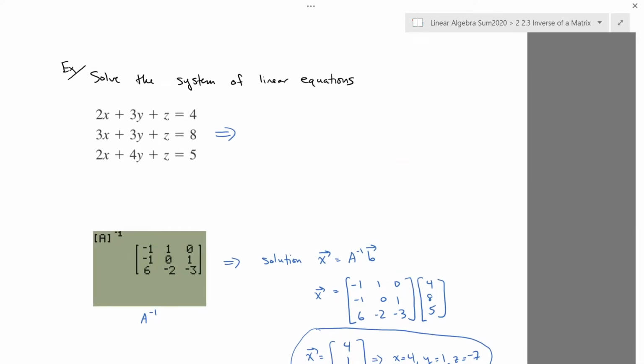Okay, so let's try to solve a system of linear equations by using the matrix inverse. First, for your system of linear equations, you need to put it in matrix form. The matrix A is just the matrix of coefficients. You see that all the x's, y's, and z's are lined up, so it's in standard form. So I can just read off the coefficients: 2, 3, 1, then 3, 3, 1, then 2, 4, 1.